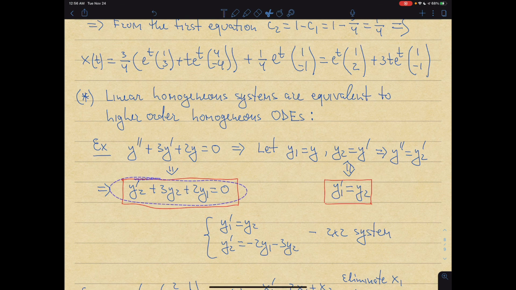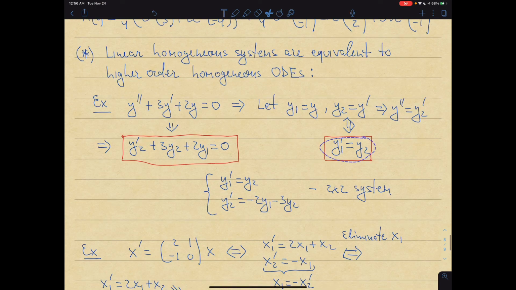If I move everything on the left side to the right side, except for the derivative in this equation, then I get this for y2 prime. I'm just rewriting this equation for y1 prime, and that is a 2 by 2 system, which, if I wanted to, I can write in vector matrix form.